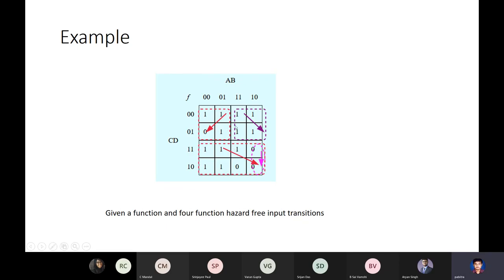Note that each of these transitions is function hazard free. They do not have a function hazard. We'll take care of each of these transitions, find out what their DHFs are, and find the set of available DHFs, and use that to cover this Karnaugh map.